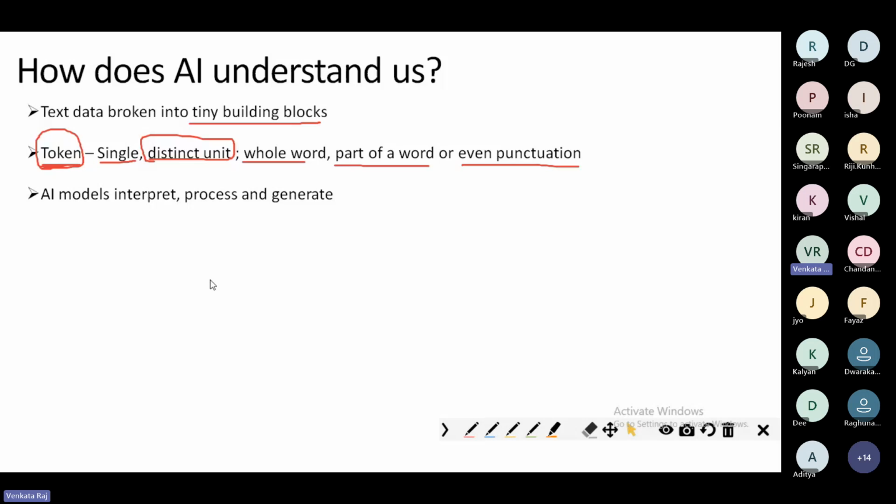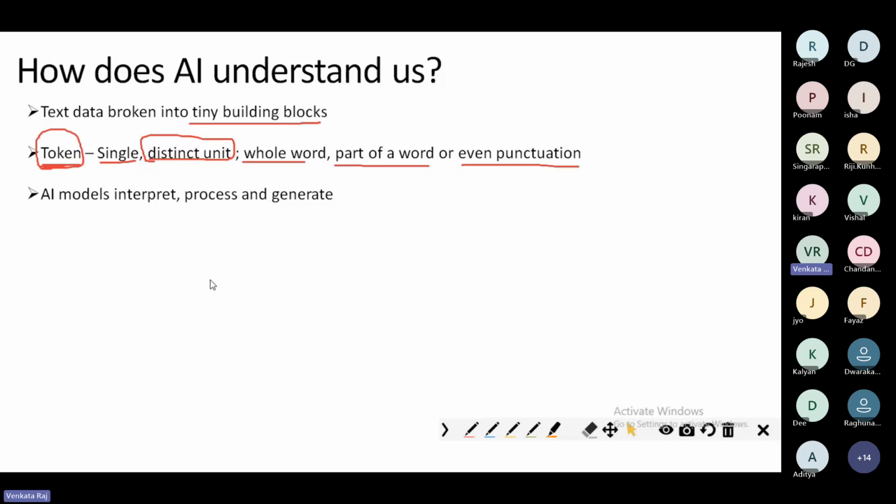Now, this process of breaking down the text data into tiny blocks happens based on predefined rules. Based on those predefined rules, your input text is broken down into tiny blocks, and this process is known as tokenization.